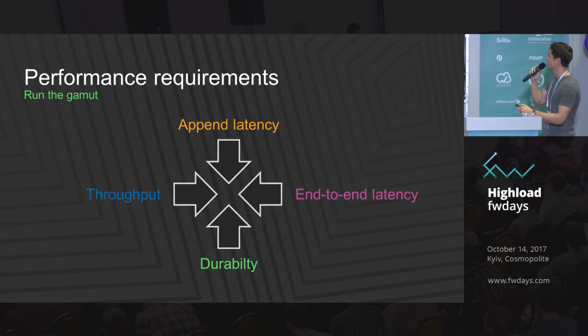So as we can see, there are quite controversial goals we're trying to achieve with this system. For example, we want to have a high throughput. At the same time, we want to have a really good end-to-end latency. And we cannot achieve both.